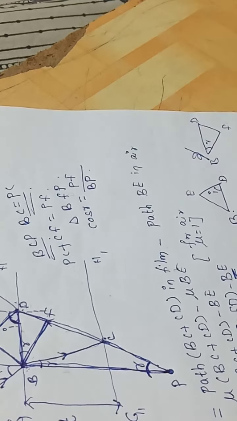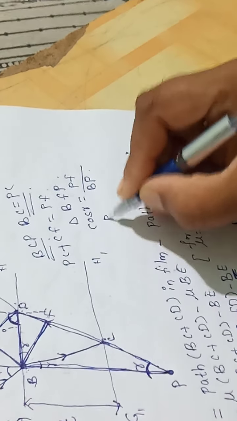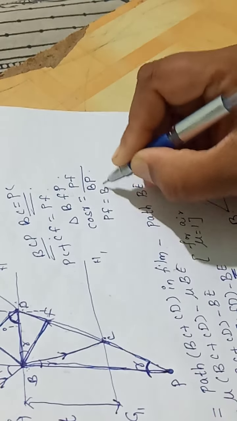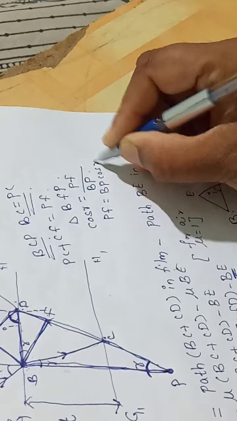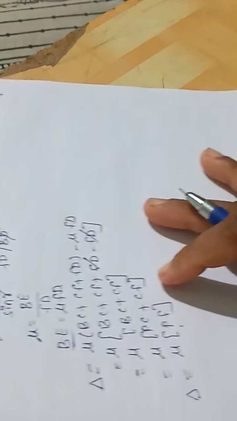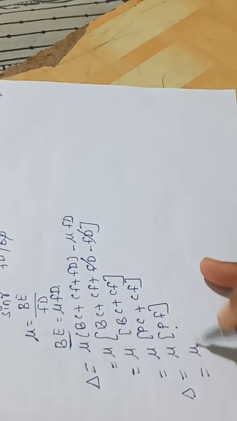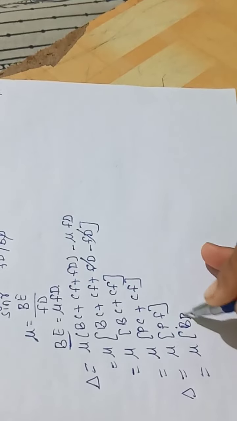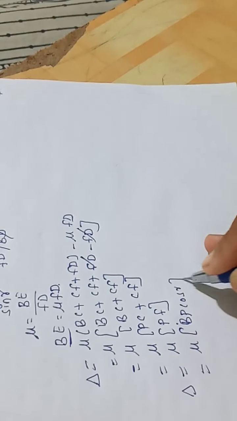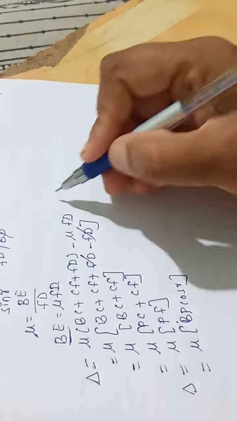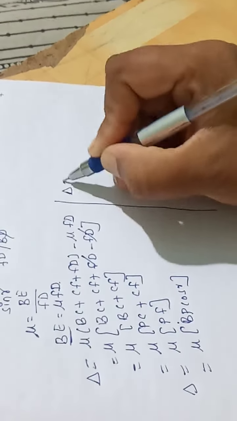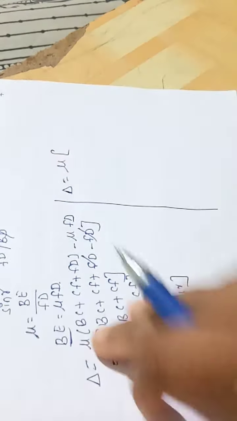So PF can be written as BP cos R. So here I am writing mu BP cos R. Now we want the value of BP.